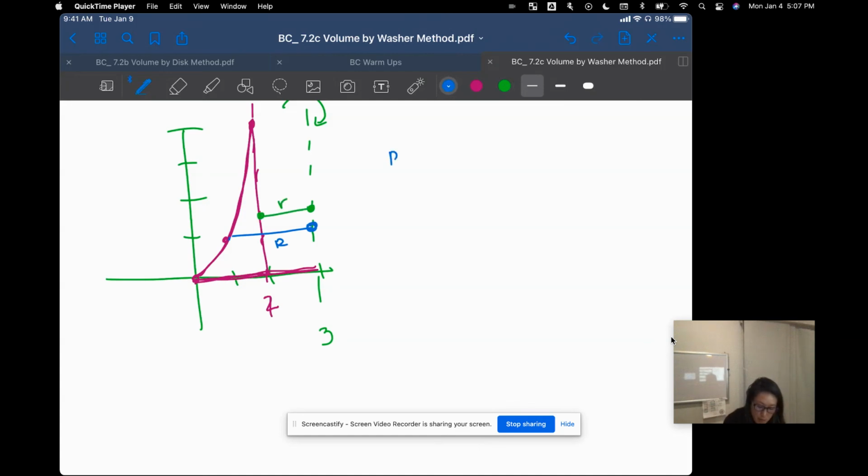So big R is equal to 3, right minus left, minus x squared. Little r is equal to, oh, wait a second. We're dealing with dy. We're cutting dy because we're stacking the washers vertically on top of each other. So y is equal to x squared. I need to isolate x, which gives me the square root of y.